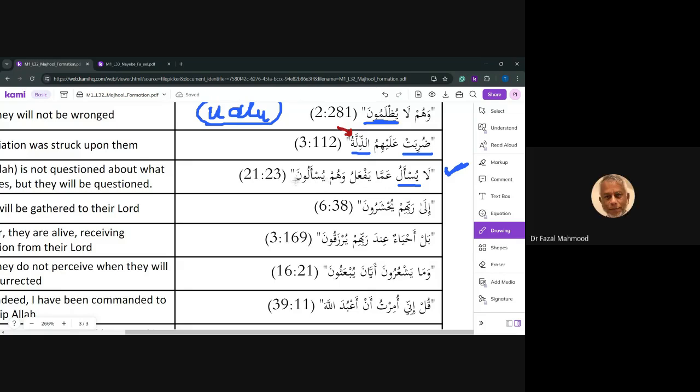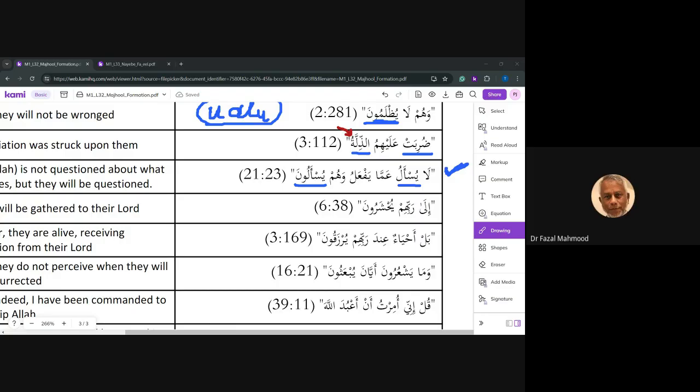La yus'alu. Yus'alu would be Mudari Majhool, and the Naib Fa'il would be yus'aluna. Think about it, everyone. It's a little more than what you are being taught. There is something different here. Now I will give you a hint: la yus'alu amma yaf'alu. The Naib Fa'il will be an ism, not a verb.